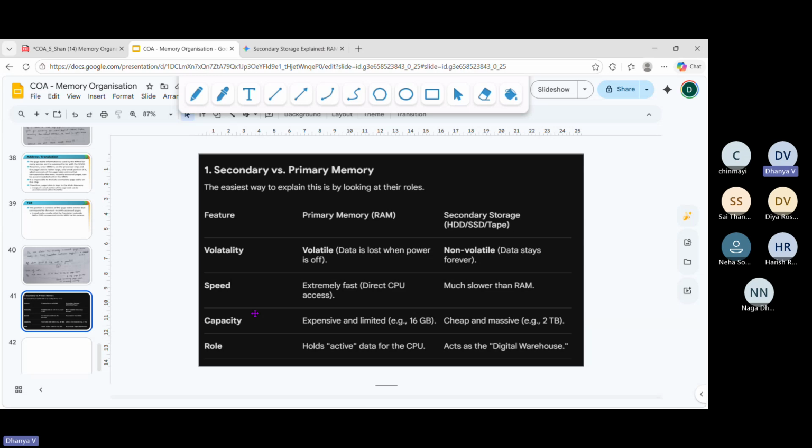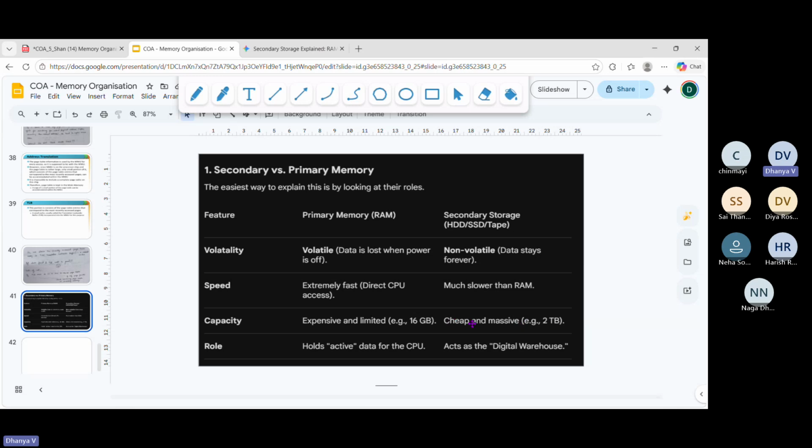So lastly, you don't really have secondary memory for tomorrow's exam, so I'll just tell you why we have secondary memory. We saw that primary memory, SRAM and DRAM, is basically volatile, so our data is lost. But in the case of secondary memory, the data stays forever. Primary memory is faster compared to secondary memory, which is way slower. Primary memory is expensive and limited, and secondary memory is cheap and massive.